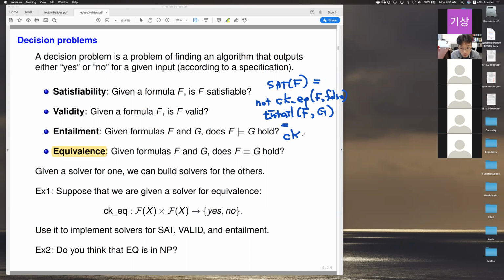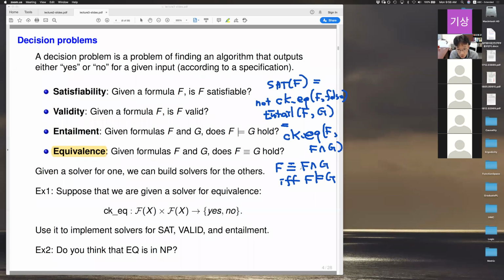You check equivalence between F and F and G. As you may or may not be familiar, we can actually show by using semantics that F is equivalent to F and G precisely when F entails G.